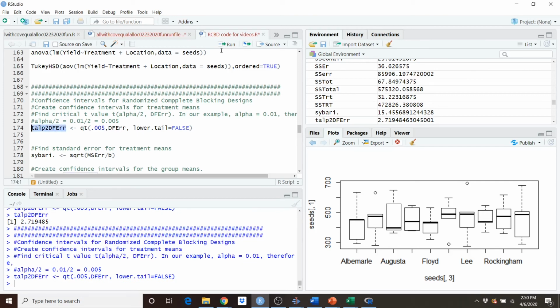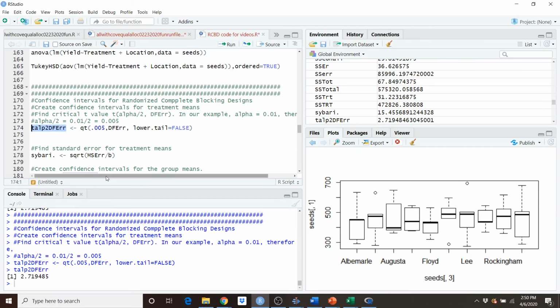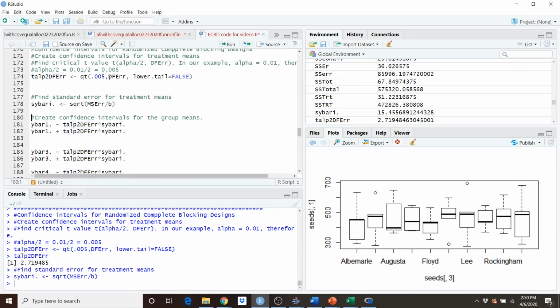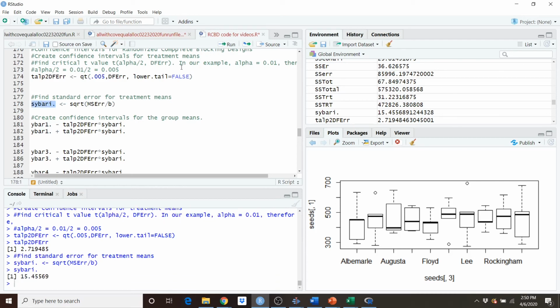And so my t with alpha over 2, degrees of freedom error, is 2.719485. And now I need to find the standard error for my treatment means. Well, the standard error, I'm going to call this for treatment means, S Y bar i dot, is just the square root of the mean square error over the number of blocks. And so S Y bar i dot is going to be 15.45569.